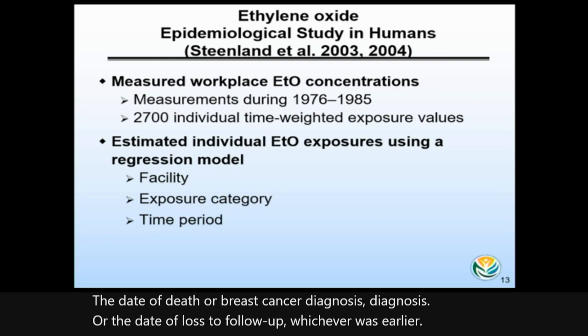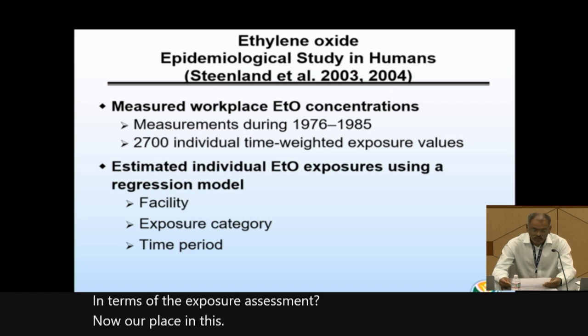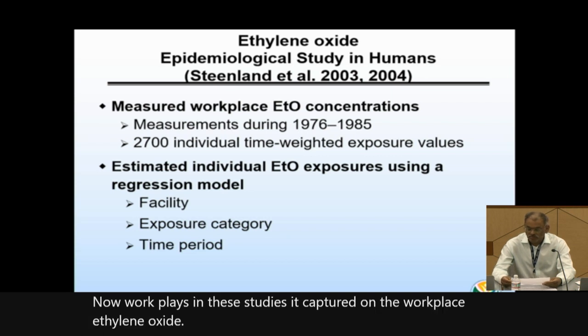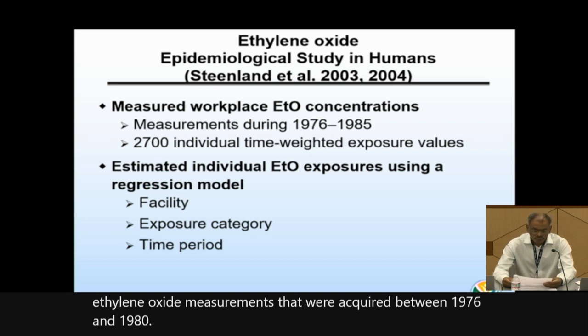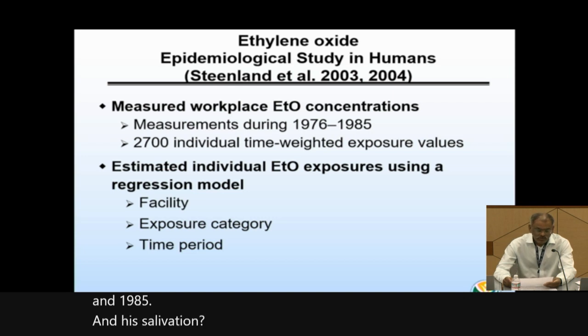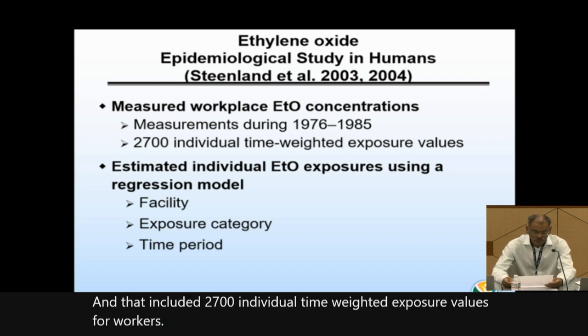In terms of the exposure assessment, the study captured workplace ethylene oxide measurements that were acquired between 1976 and 1985 in these sterilization facilities, that included 2,700 individual time-weighted exposure values for workers' personal breath zones.